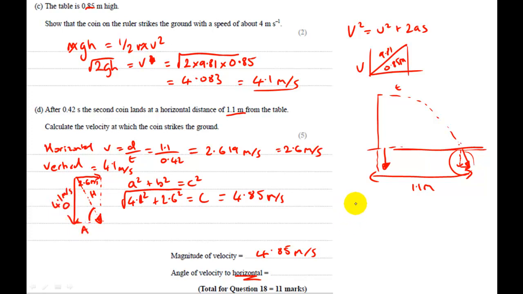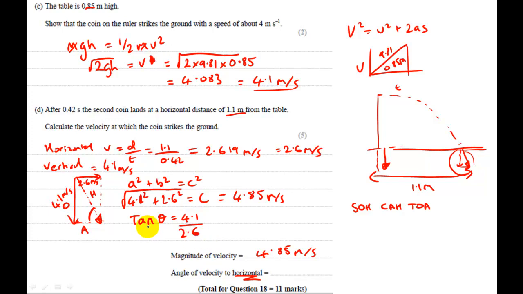Okay, I'm going to do my standard SOH CAH TOA. I can use the opposite and the adjacent to find the angle, so I can use tan. Tan theta is equal to opposite over adjacent: 4.1 over the adjacent, which is 2.6.